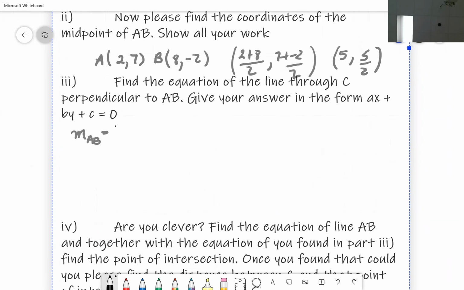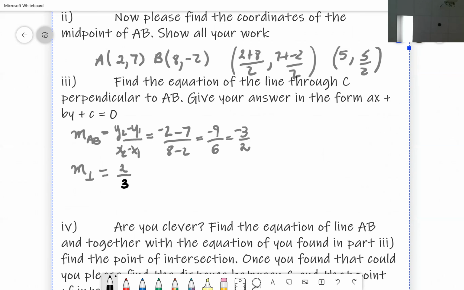It would be y2 minus y1 divided by x2 minus x1, so that's -2 minus 7 divided by 8 minus 2. So that's -9 divided by 6, and that reduces to -3/2. So the slope that's going to be perpendicular will just be 2/3.